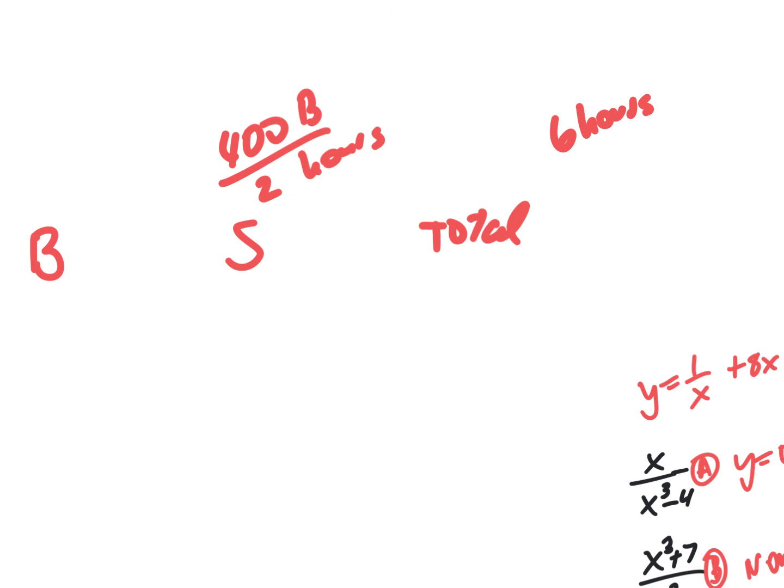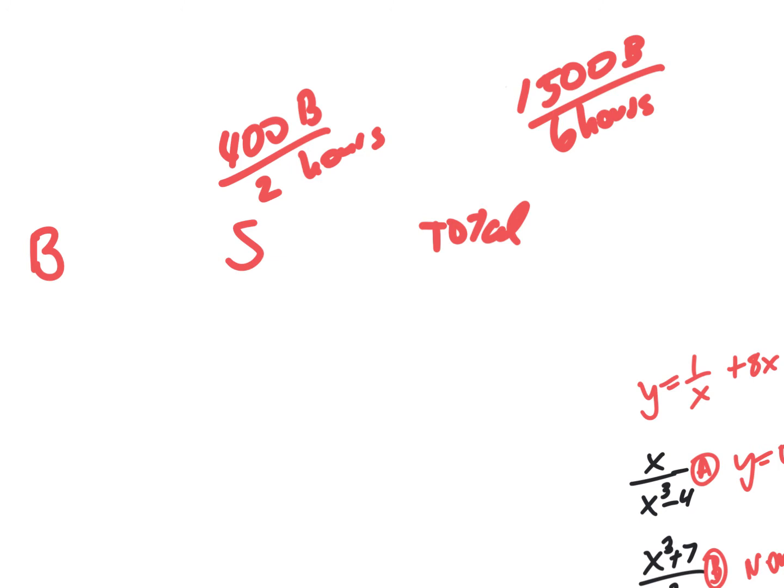And together, they were able to get 1,500. No, that's too much. 1,000. Nope, that's too little. Dang it. 1,500 would have worked. I'm going to go with 1,500 blueberries in 6 hours.